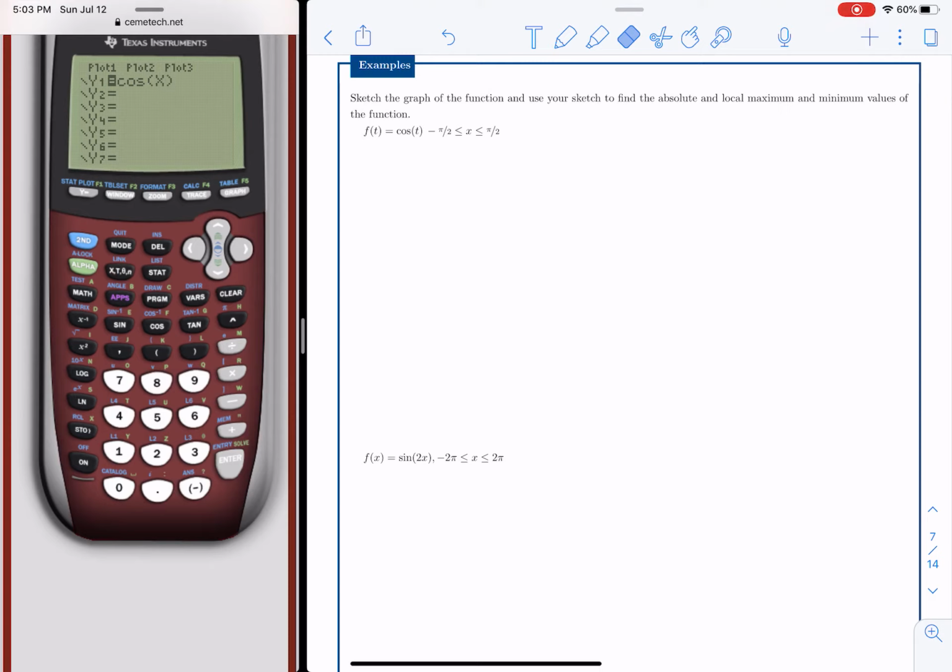And the interval is from -pi/2 to pi/2. And that's what we end up getting, and it's a nice little curve.